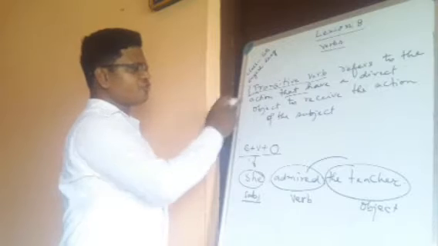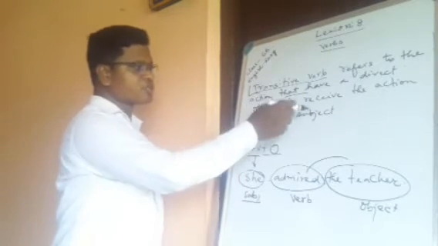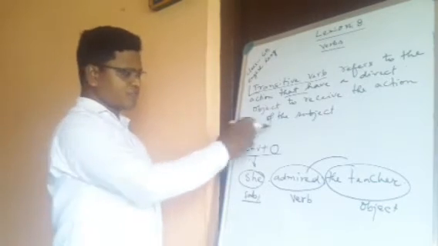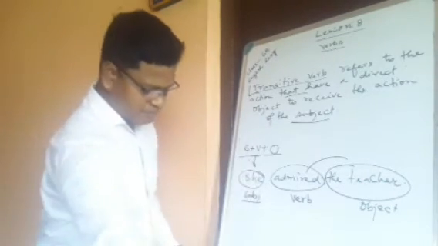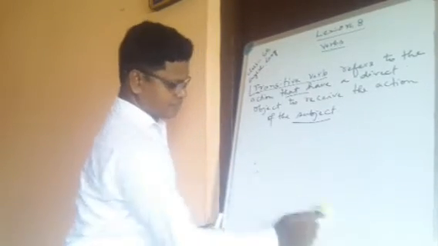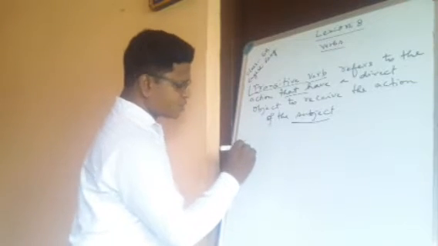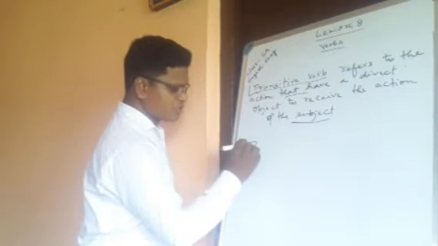So in the transitive verb, what do we see? We see an object which is receiving the action of the subject. That means we can also say in other words that transitive verbs require what?